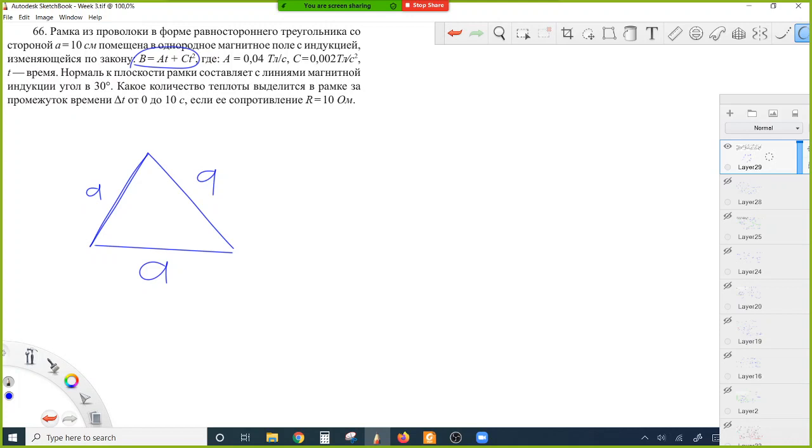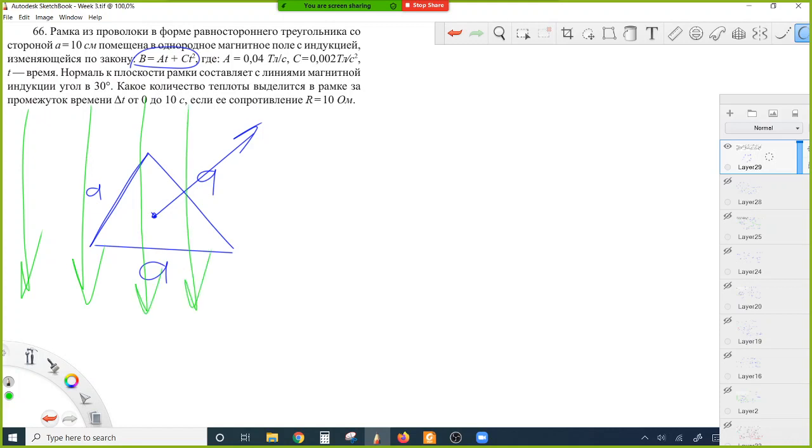Okay, the normal from the surface of our loop and the magnetic field lines form an angle beta, which is equal to 30 degree.